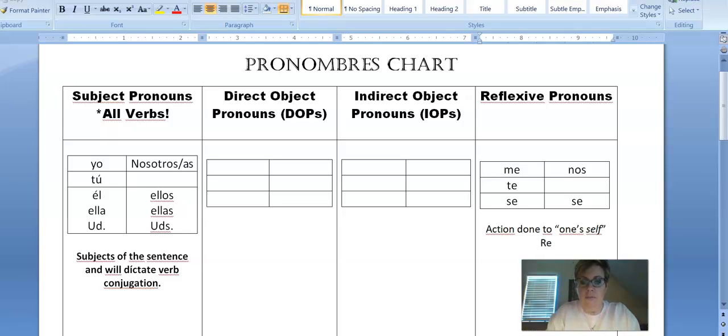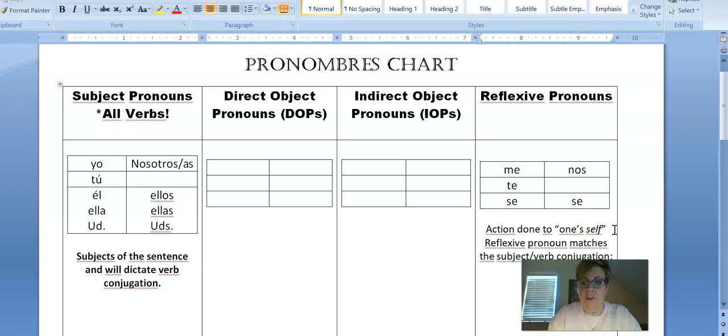So the reflexive pronoun matches the subject-verb conjugation.